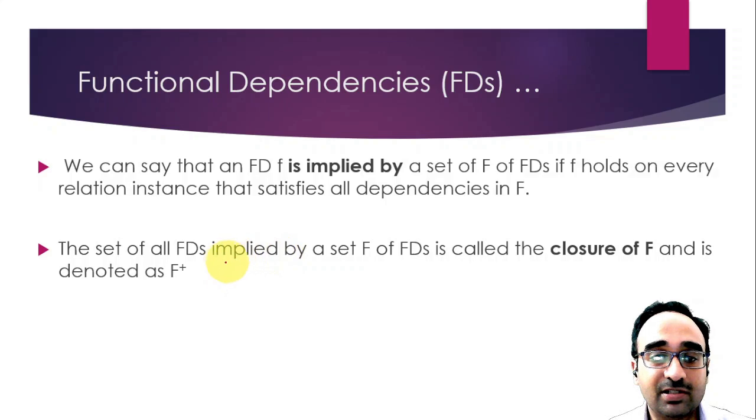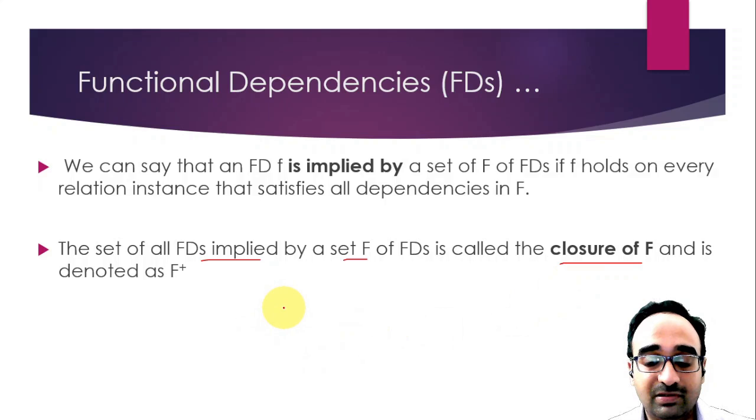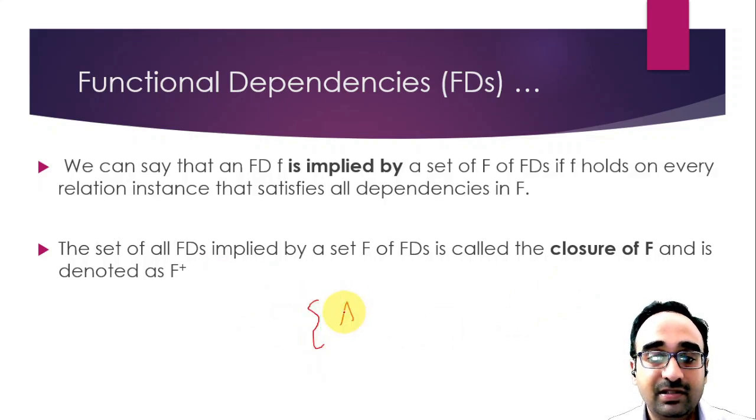How do we find the set of all FDs which are implied by the set F? That will be called the closure of F. So if you see A to B and B to C, let's say this is the set F which is already given.